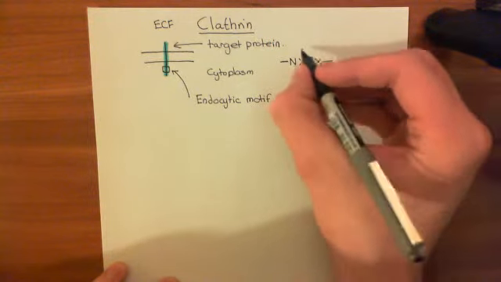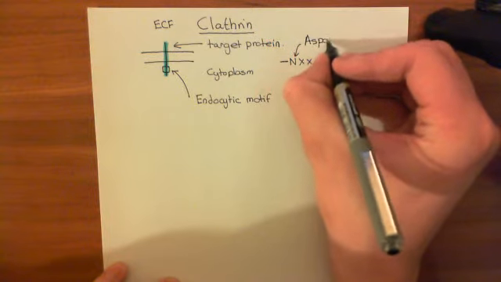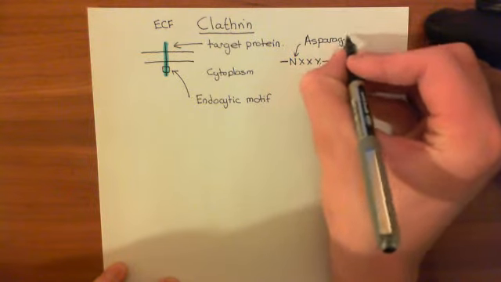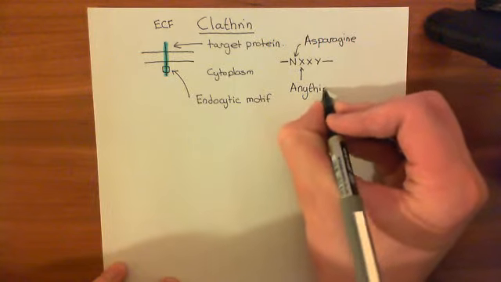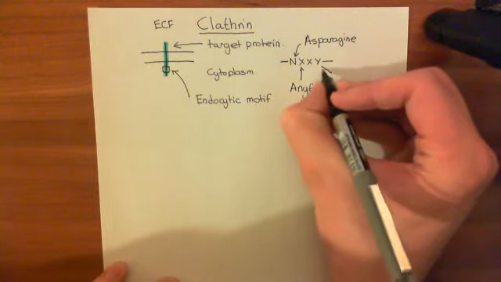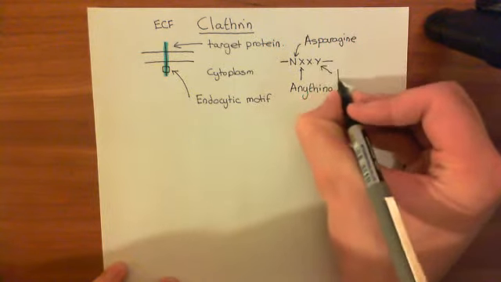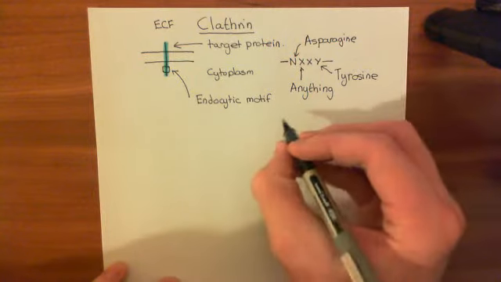N is the single letter amino acid code for asparagine, the primary amide of aspartic acid. X means anything can go in that position, so any old amino acid. And then Y stands for the amino acid tyrosine. So that is an example of an endocytic motif.